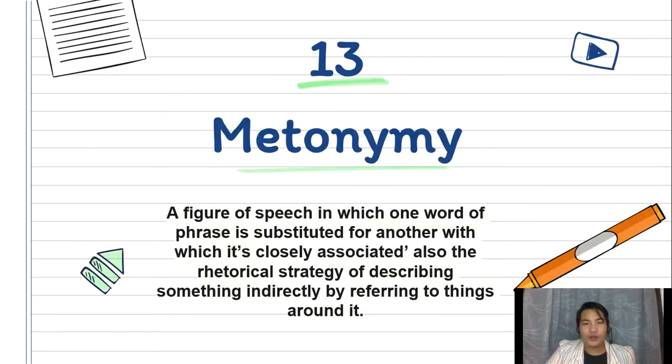Let's move on to metonymy. Metonymy is a figure of speech in which one word or phrase is substituted for another with which it's closely associated. Also, the rhetorical strategy of describing something indirectly by referring to things around it.